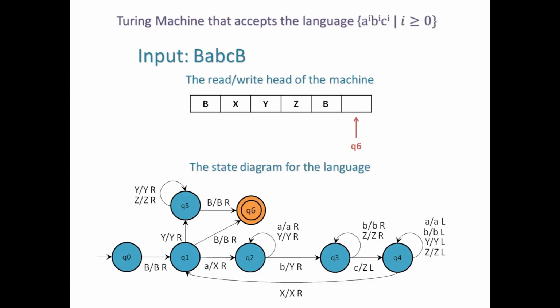The current state is now at state Q6, which is the final state. We can now halt and accept the input string. The input string capital B, A, B, C, capital B is accepted by the language.